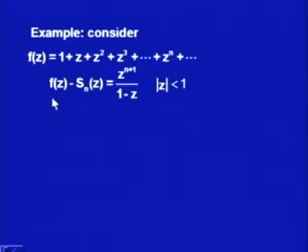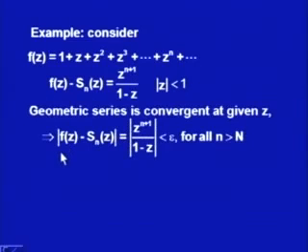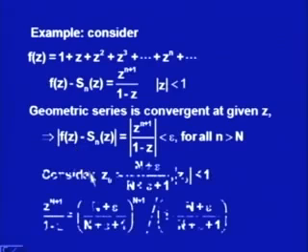This is the result which we have already established, and the geometric series is convergent at any given z. So, we can say that |S(z) - S_n(z)| = |z^{n+1}/(1 - z)| is less than epsilon for all n greater than n_epsilon. So, this is for a given z.